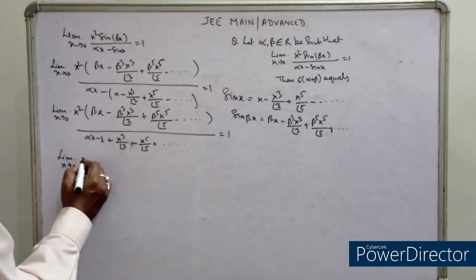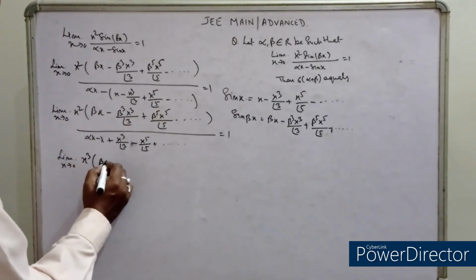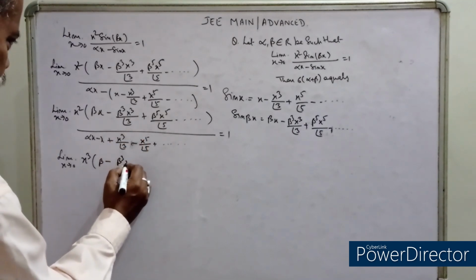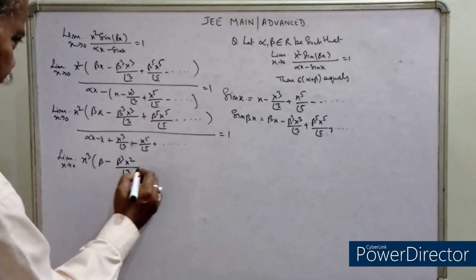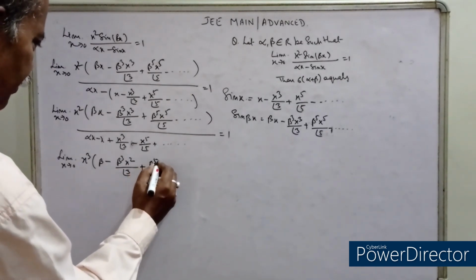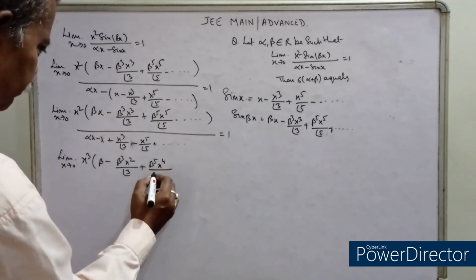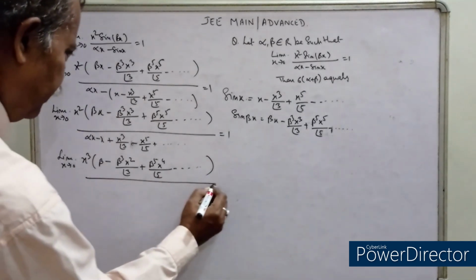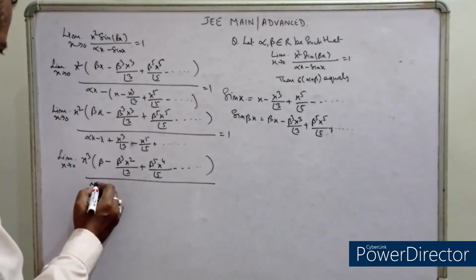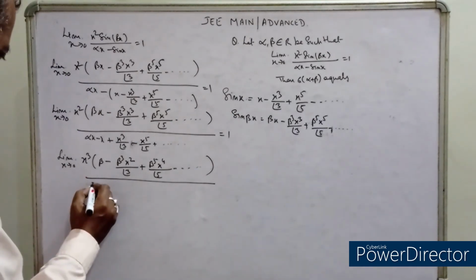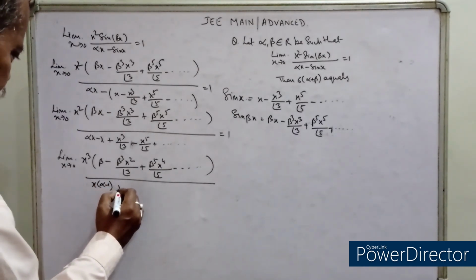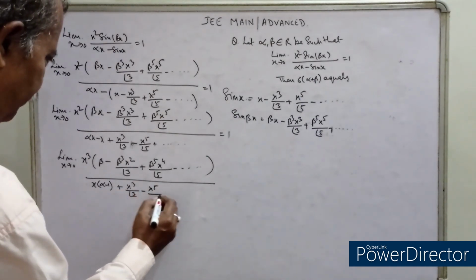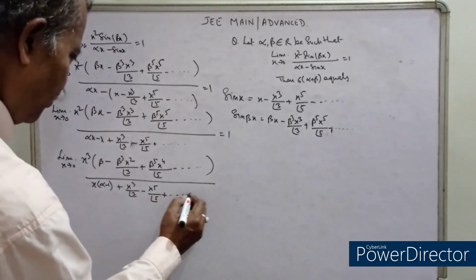If we take x common, this will be x cube times beta minus beta cube x square by 3 factorial, and again beta 5 x 4 by 5 factorial minus dot dot dot, and in the denominator, x common, so this will be alpha minus 1 plus x square by 3 factorial minus x 4 by 5 factorial plus dot dot dot, equal to 1.